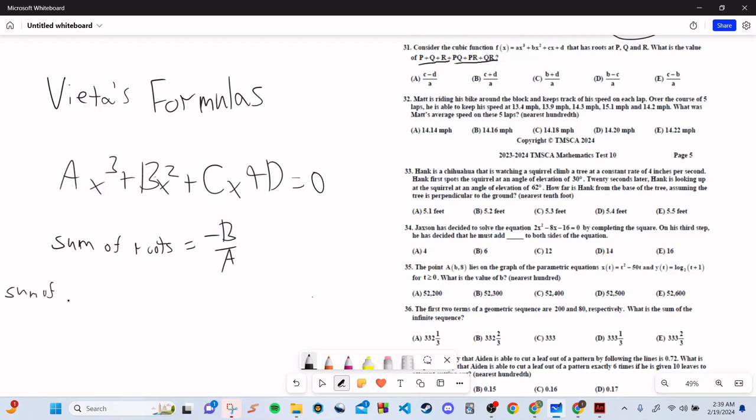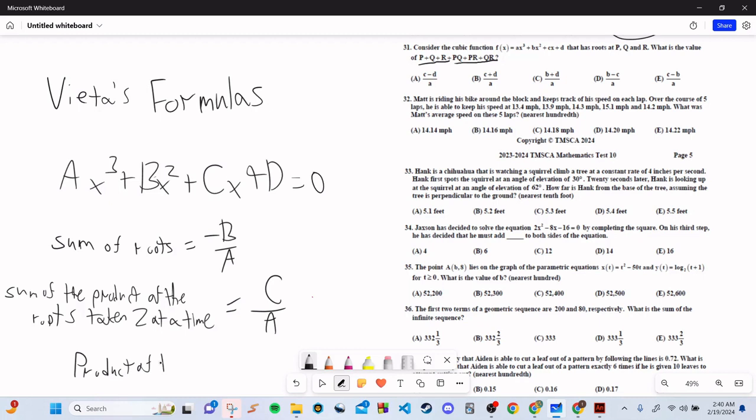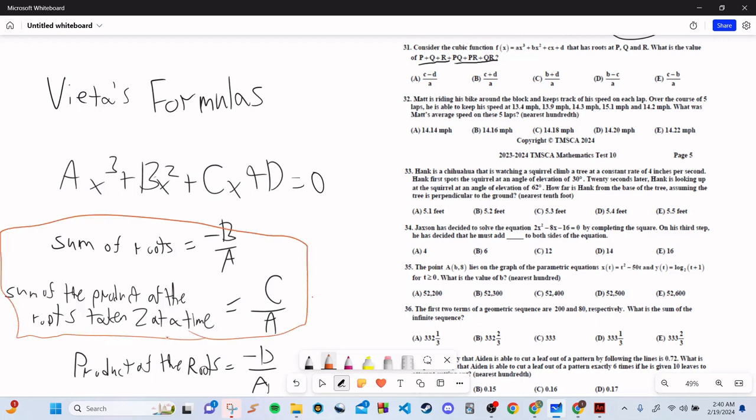The sum of the product of the roots taken two at a time is c over a. And the product of the roots is negative d over a. So we're only going to be using these two.